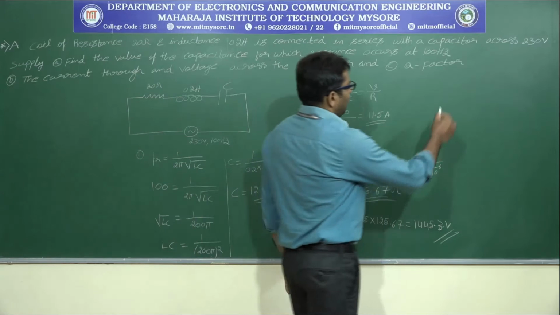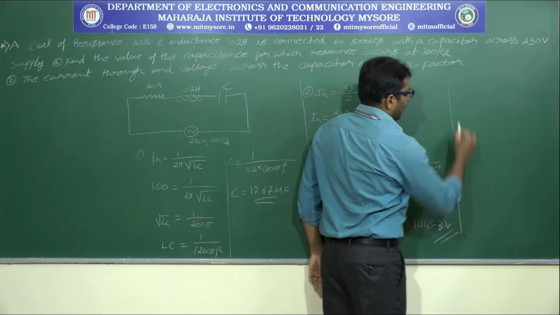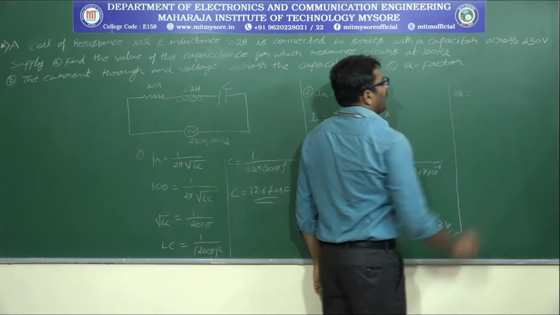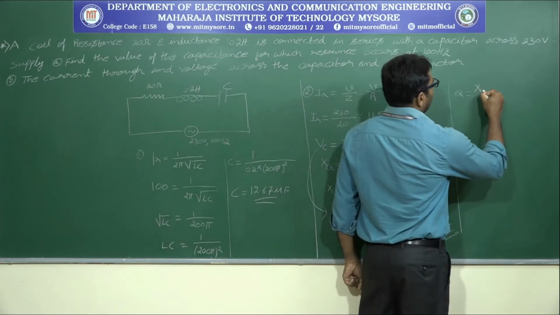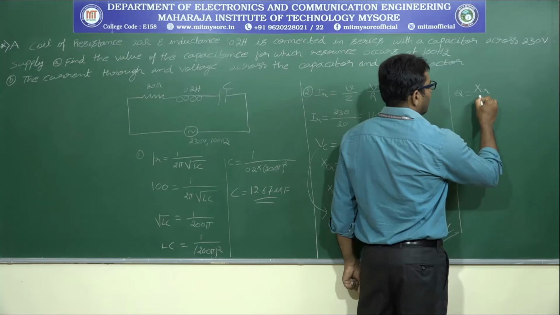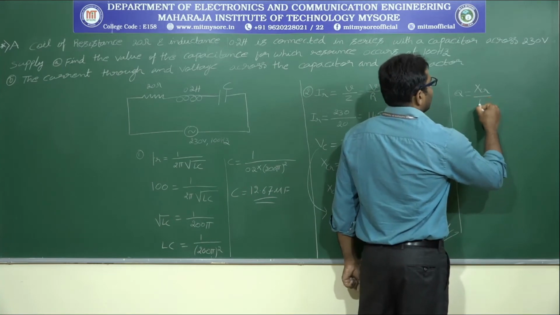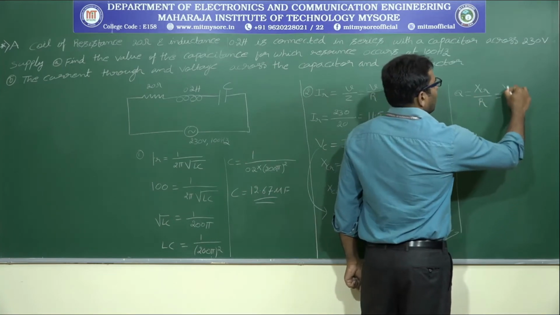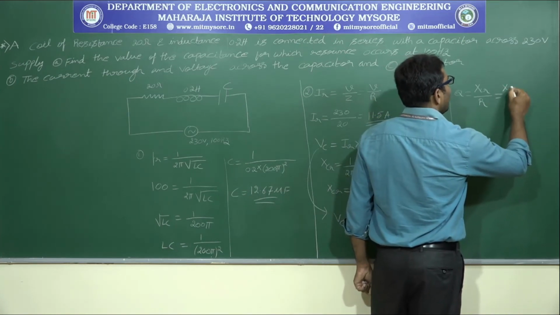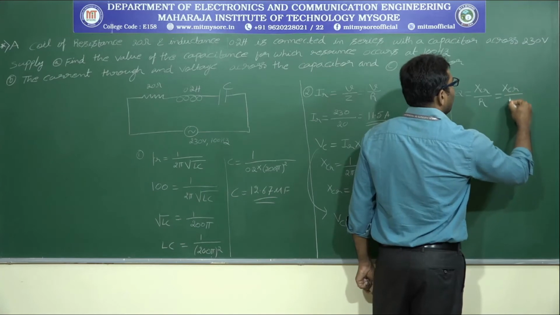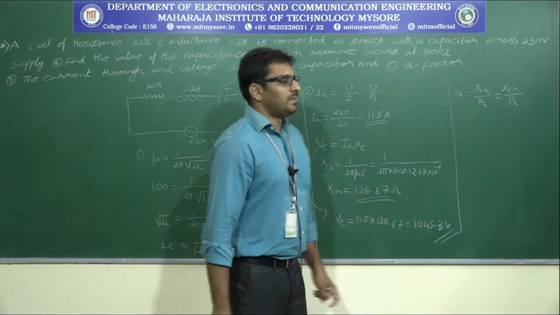Finally, what is the last part of the question? Q factor. We already know the quality factor is defined as the ratio of the inductive reactance at resonance to the resistance of the circuit, or the ratio of the capacitive reactance XCR at resonance to the resistance of the circuit.